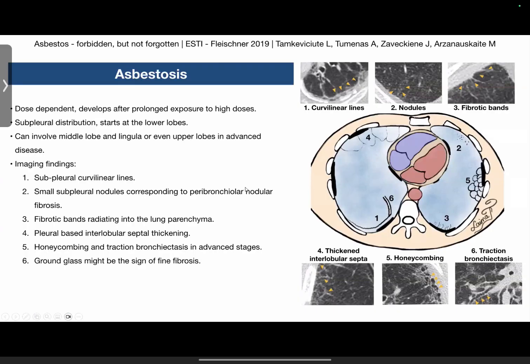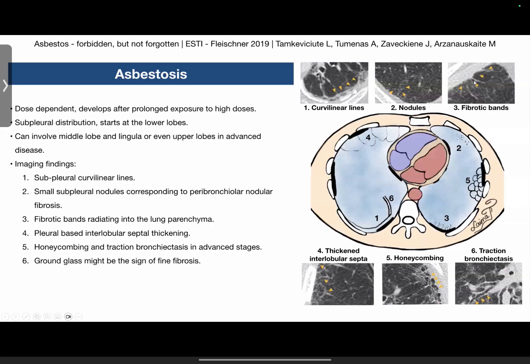And then there's asbestosis. This is dose-dependent, developing after prolonged exposure to high doses of asbestos. Subpleural distribution starts at the lower lobes again, and can involve the middle lobe and lingula, or even the upper lungs in advanced cases. So there are subpleural curvilinear lines, as you can see here. There are small subpleural nodules corresponding to peribronchial nodular fibrosis, nodules here.